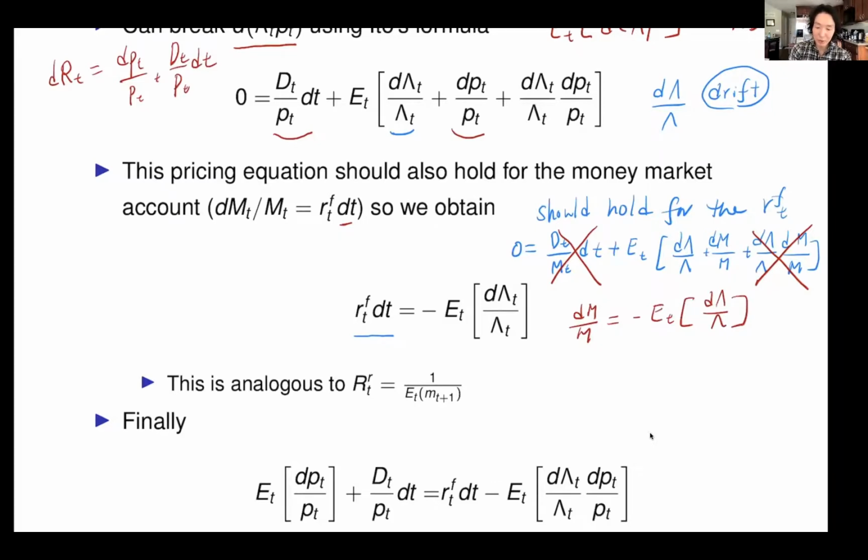Because this is the same as the risk-free rate times dt, in the continuous time case, the risk-free rate is determined by the drift of the stochastic discount factor. This is very analogous to the discrete time case, where we calculate the risk-free rate as the inverse of the conditional expectation of the stochastic discount factor. So there's an analog here.